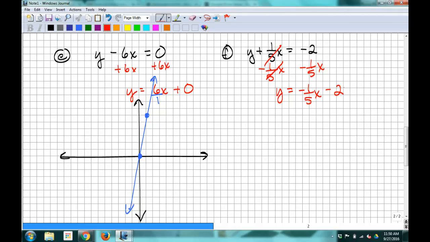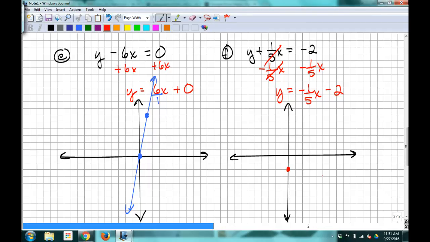What part of that is the y-intercept? The -2, and the slope is -1/5. Okay. So when I go to graph that, where's my first dot? At -2. Then what direction do I go?